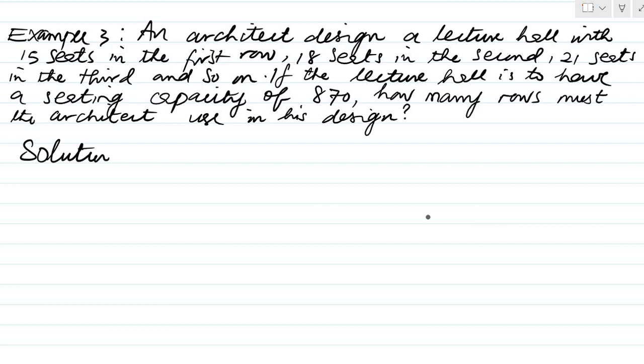First of all, we need to write the Tn, which is the nth term, a plus bracket n minus 1 times d. I need to identify what our a is, the first term, which is 15. The common difference, if you take a look, is 18 minus 15 or 21 minus 18, which is 3.